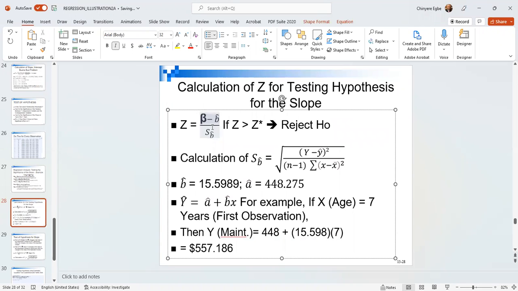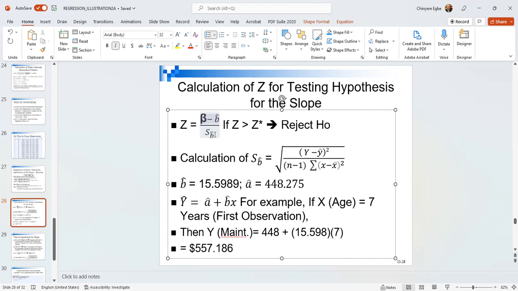Okay. So the null hypothesis is that beta is equal to 0. So we subtract that from the b hat that we estimate and divide by the standard error of b hat. The standard error is like the standard deviation.